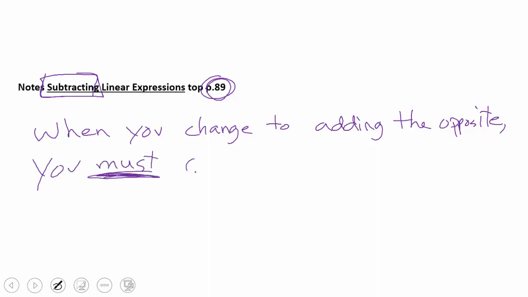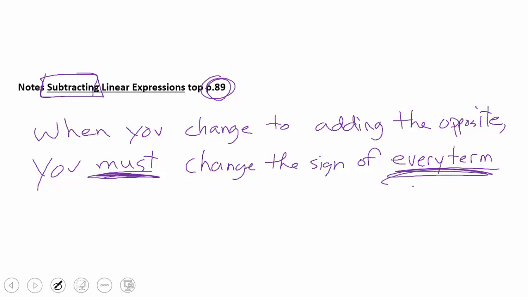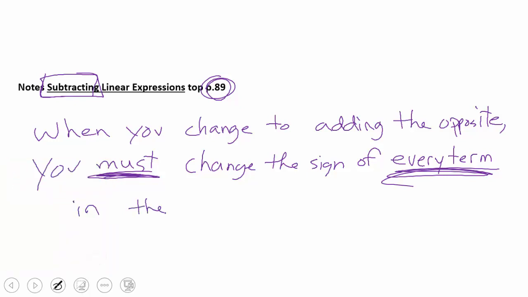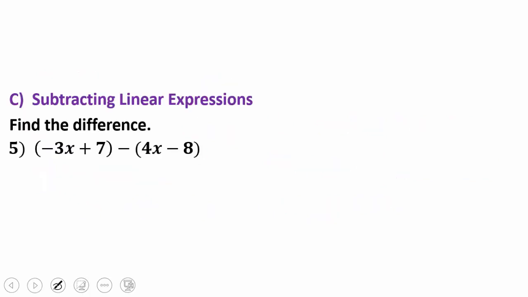You must change the sign of every term. Underlining that, every term in the second expression. All right? So if you need to, pause this, get it all written down, and then join me as I go forward. Here we go.